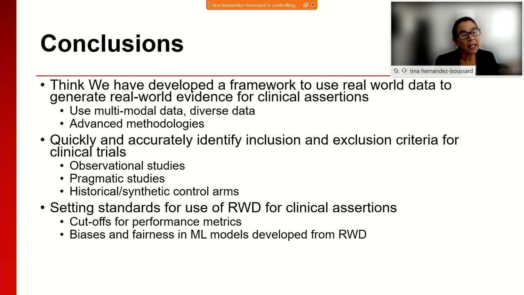We can then quickly and accurately identify inclusion and exclusion criteria for clinical trials, which allows us to perform observational studies, pragmatic studies, and also to start thinking about historical and synthetic control arms for clinical trials.